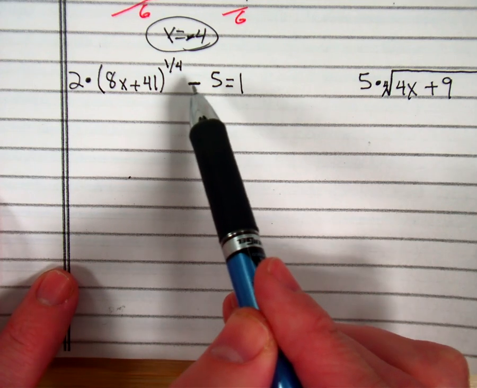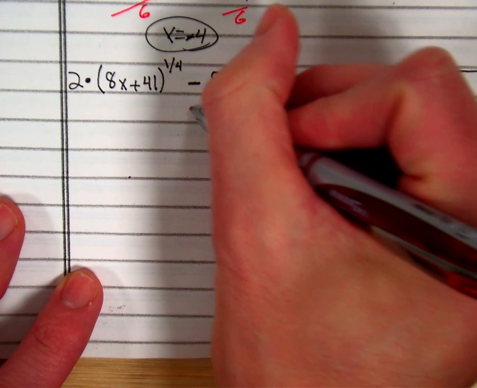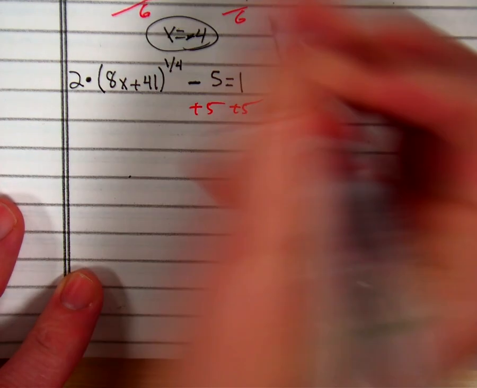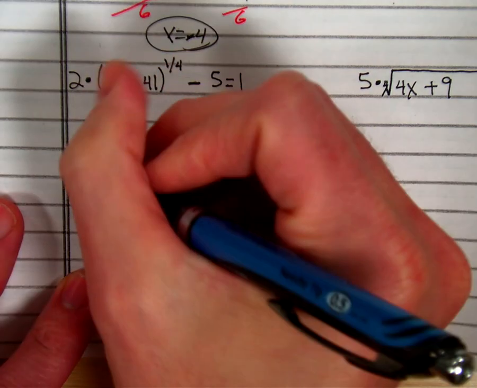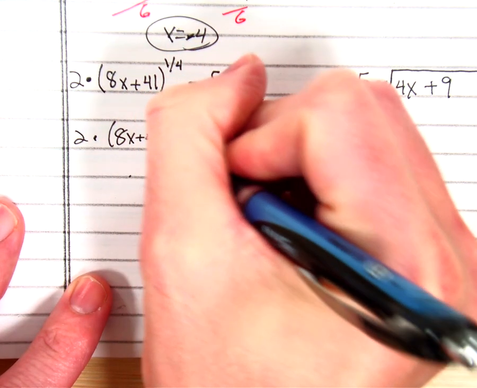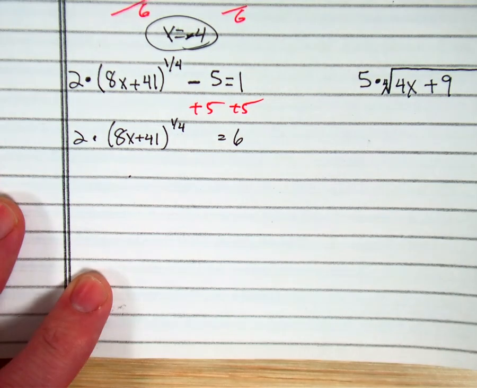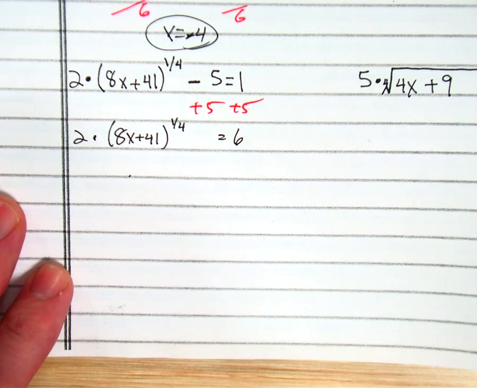1/4 power, or fourth root. Peel back those layers. We got a plus 5. Okay, fourth root. Now we're going to divide by 2.